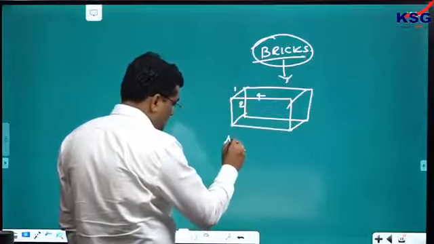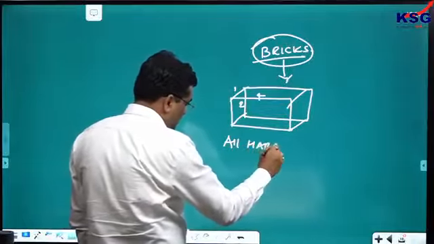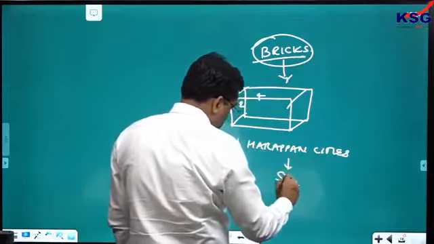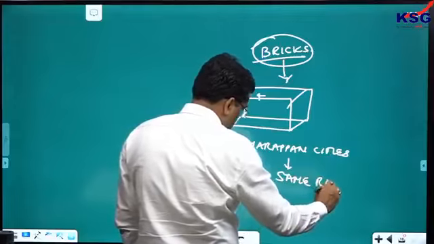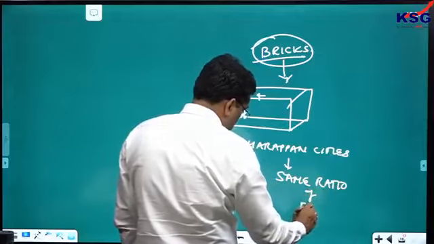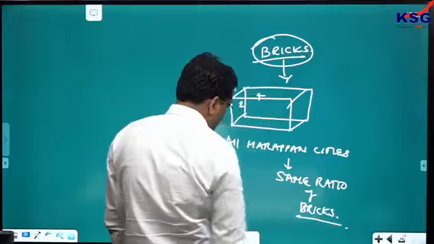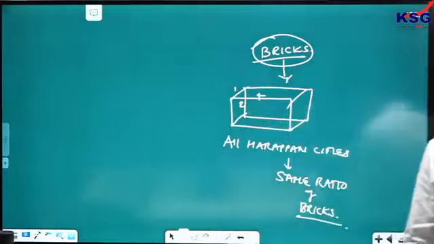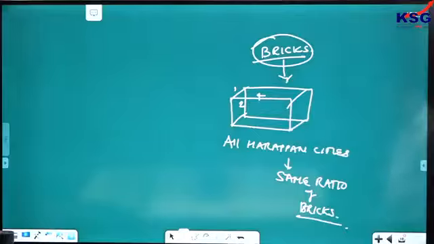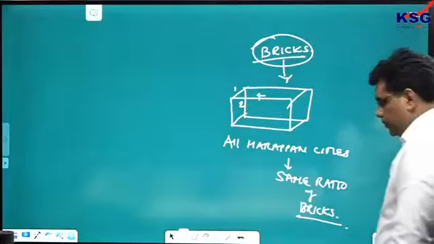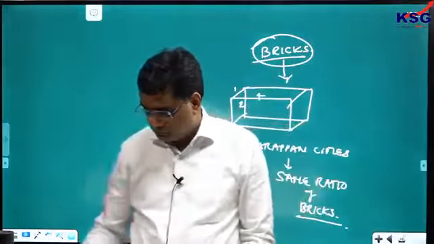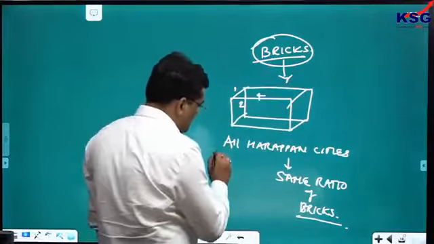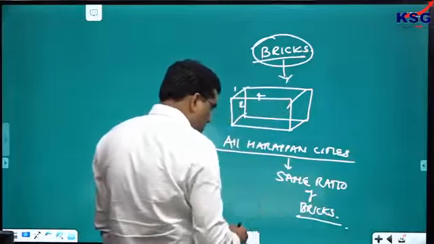All Harappan cities had the same ratio of bricks, 4:2:1.